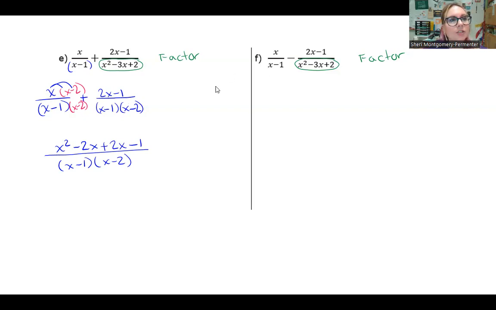I have to combine like terms. I have minus 2x and plus 2x, so those terms are actually going to cancel out. So I can rewrite it. I have x squared minus 1, all over x minus 1 and x minus 2.